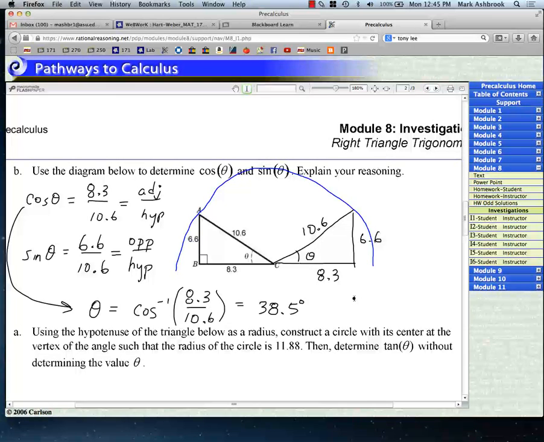So now, do we need to make an adjustment or not? Is that truly the angle theta? So we took 8.3 over 10.6 to get that horizontal length in radius lengths, and it gave us 38.5. Is that theta or not?